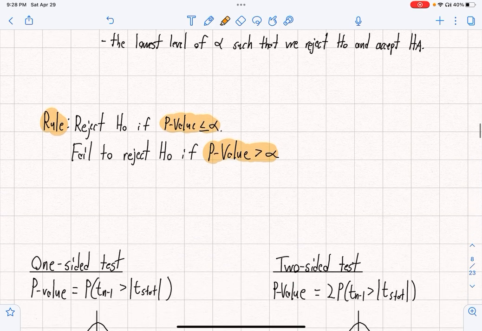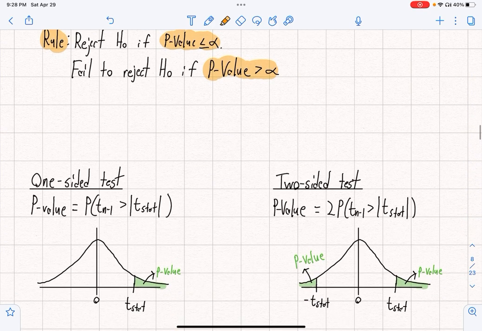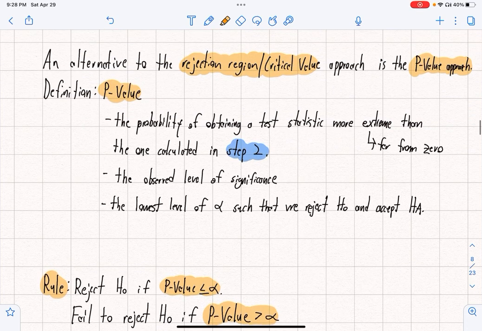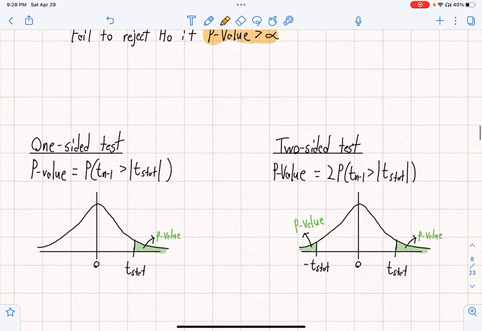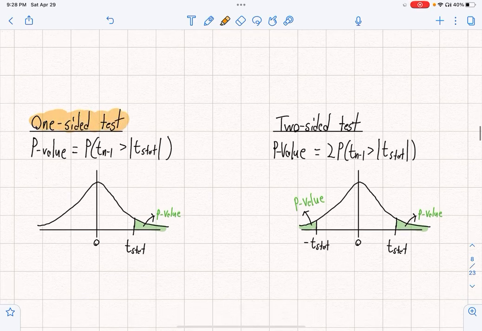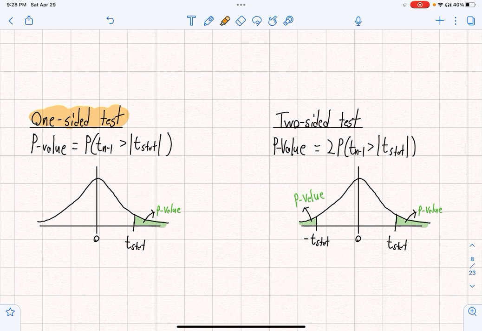Okay, so how do we calculate the p-value? Well, recall what we said up here. More extreme. What do I mean by extreme? Far from 0. Okay, so for a one-sided test, let's focus our attention over here. The p-value is the probability of obtaining a test statistic more extreme than the one obtained, so t-stat.